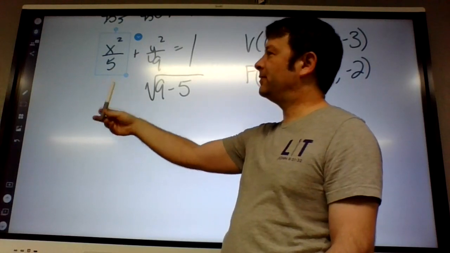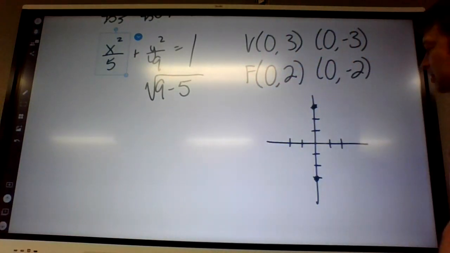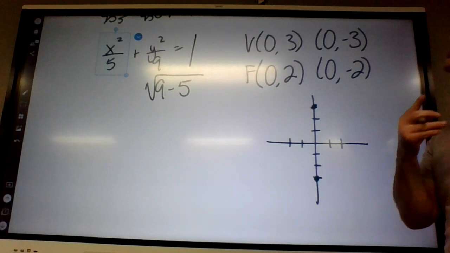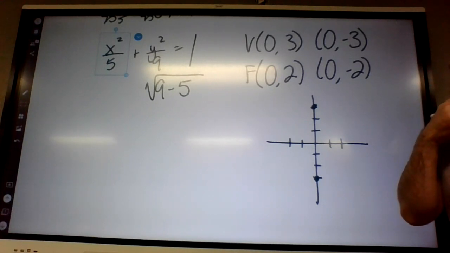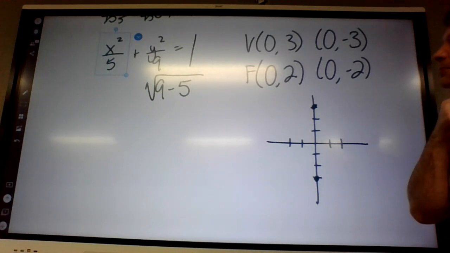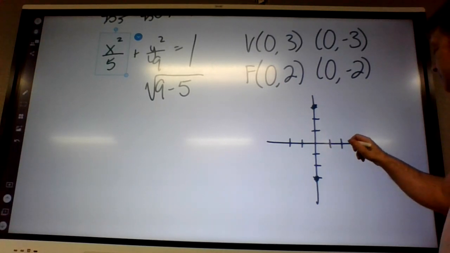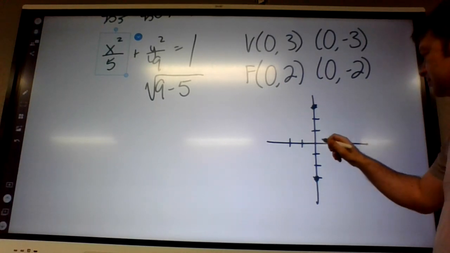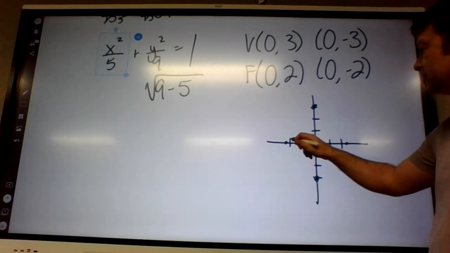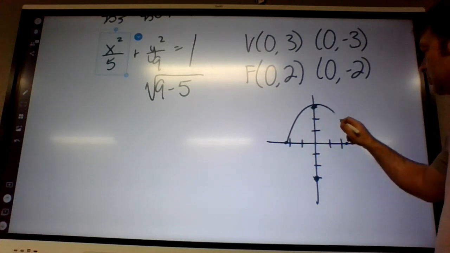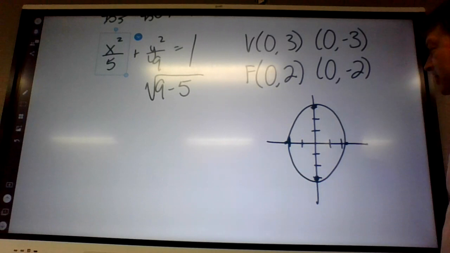Square root of 5, which is messy. Isn't it like 2.7? Let's see. 4.7. Oh yeah, well, 2.2. So a little past 2. Pretty egg-shaped.